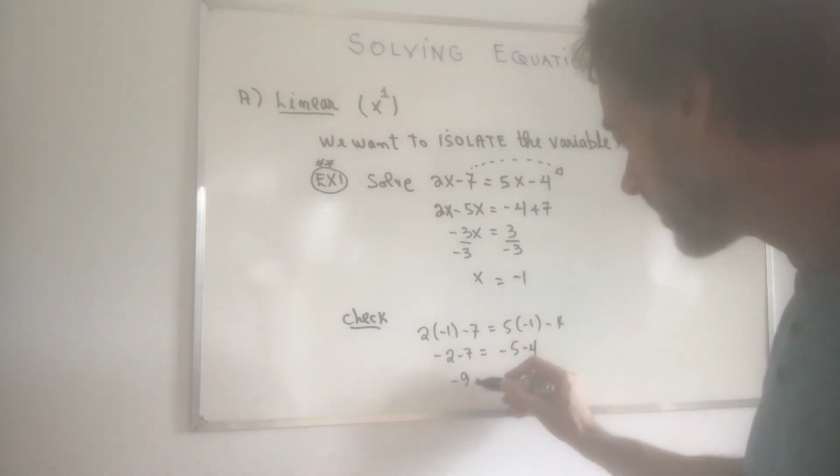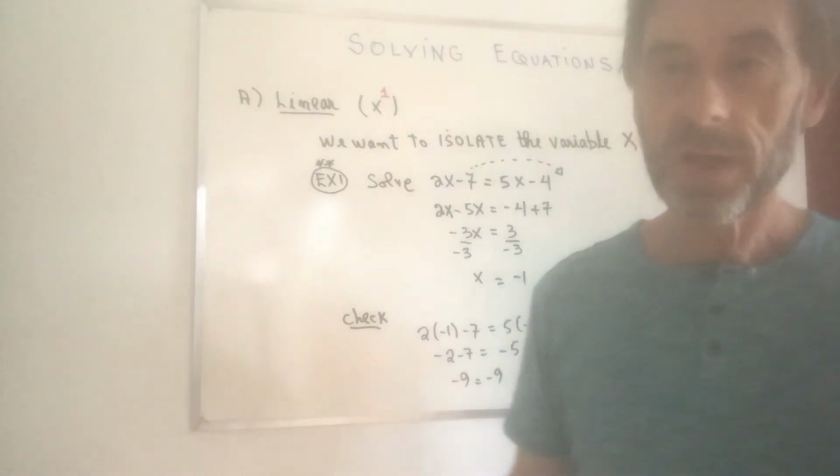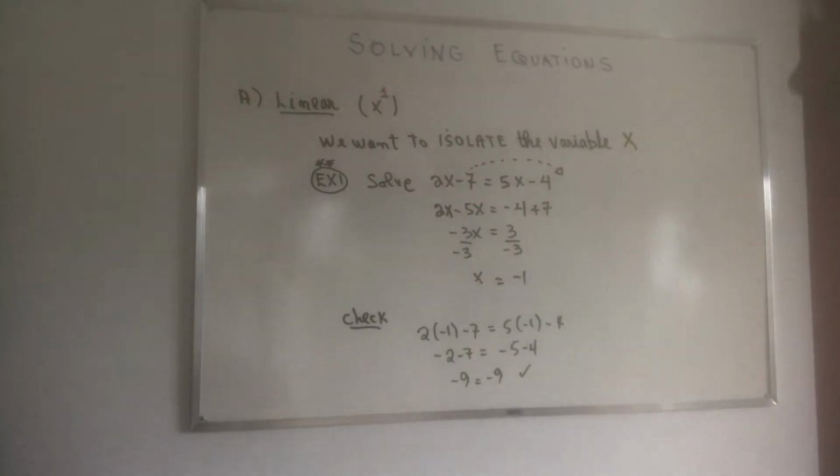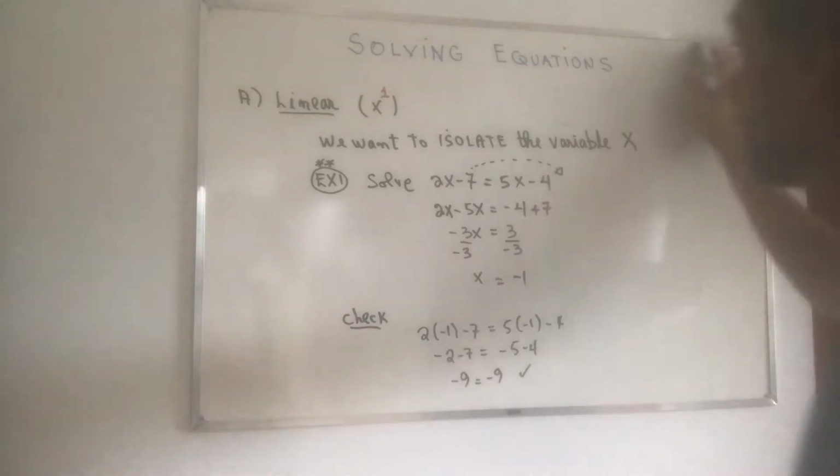In other words, minus 9 is equal to minus 9, which is a true statement, and this actually checks out. Everybody probably remembers this quite well.